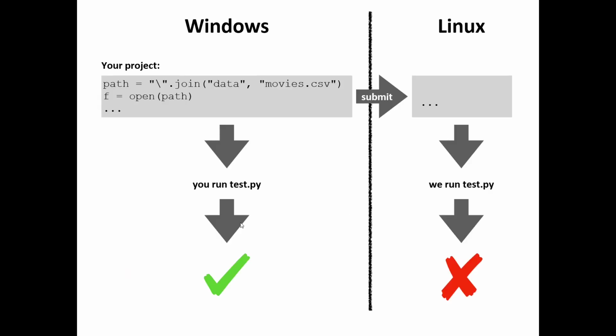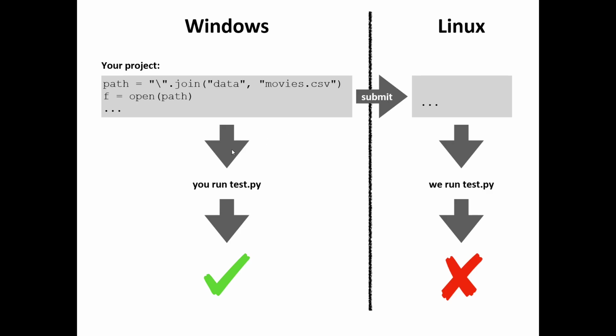And here's the real problem. We've got 800 people in class. About half of you are on Windows machines, and half of you are on Mac machines, some Linux, not very many. So if in your project you do something like this, where you're using the string function join to take all of your directories and pieces of the path and join them together with the slash, it's going to work on your home computer.